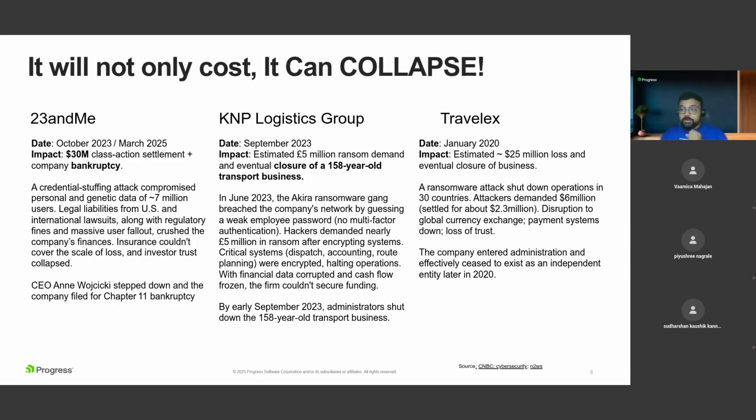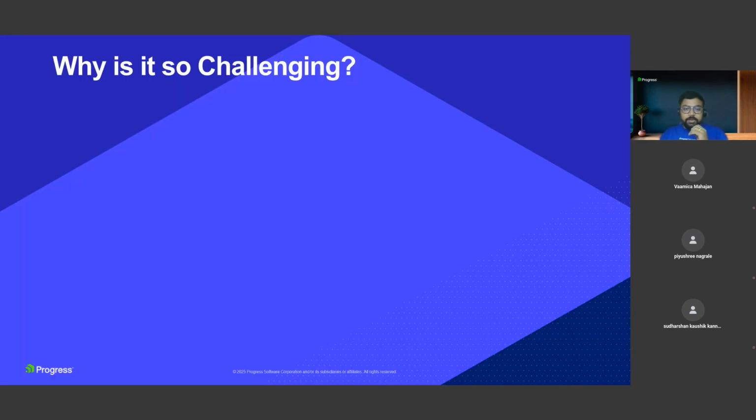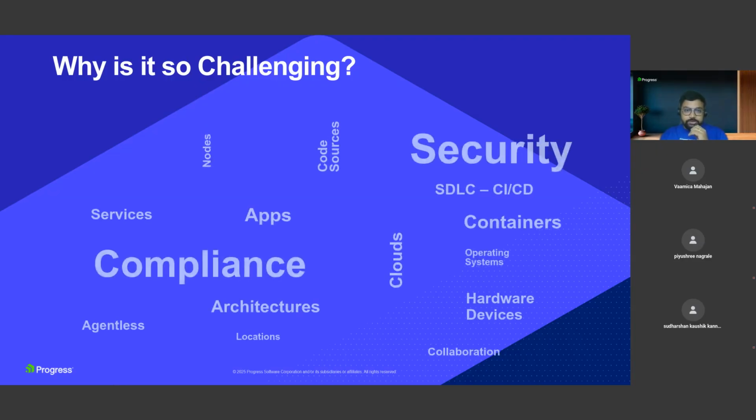These cases underscore the devastating financial, legal, operational fallout from cyber attacks, especially when basic security measures like multi factor authentication are absent. Now, you might be thinking, why is it so challenging?